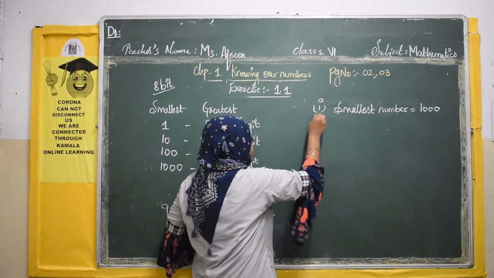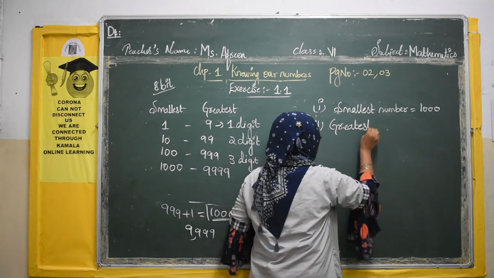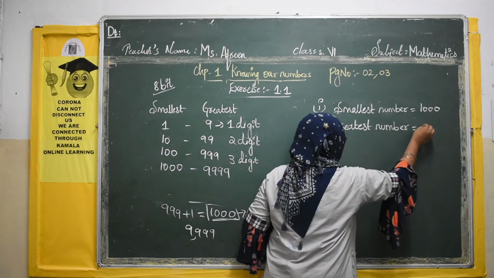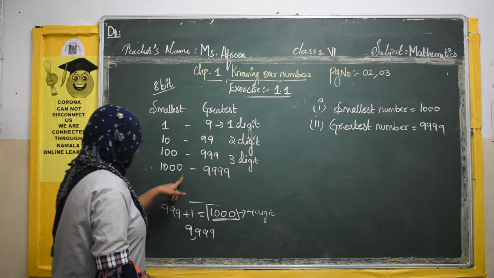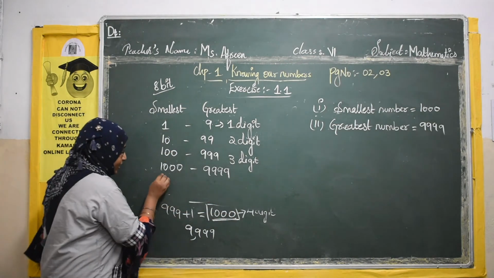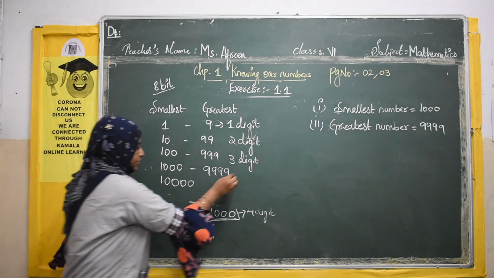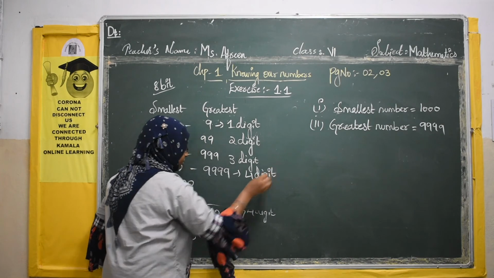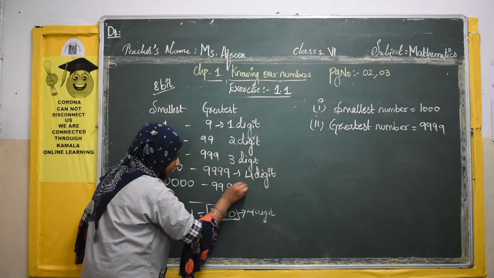So what is the greatest 4-digit number? The greatest 4-digit number is 9999. Again, if you add 1 to this, you will get 10,000. This is a 5-digit number, and this is 4-digit. Here it is 99,999.